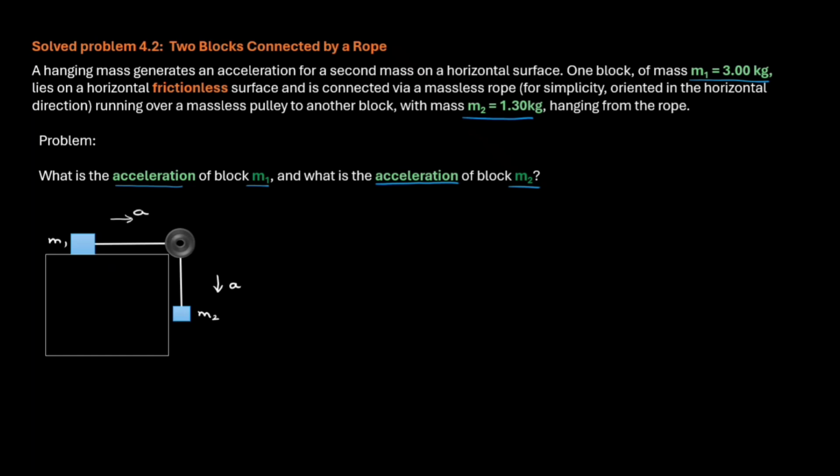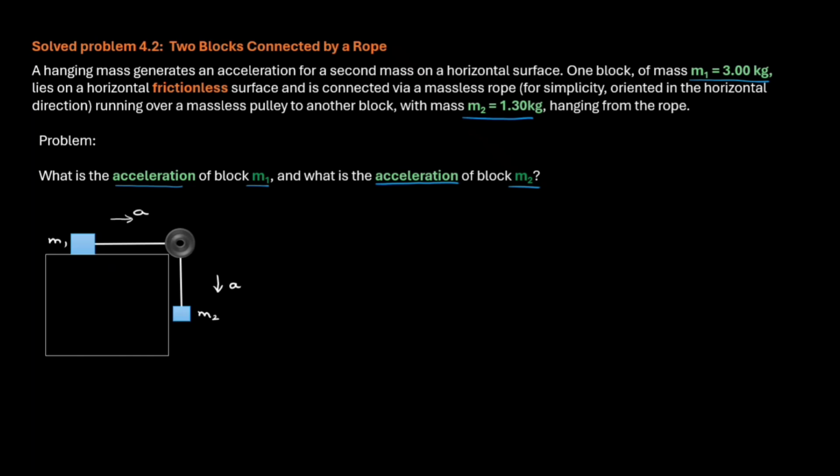Both m1 and m2 will have the same magnitude of acceleration as they are connected together via a rope, and by whatever rate m2 goes down, it will pull m1 to the right with the same rate. Therefore, we write acceleration for both m1 and m2 as a.